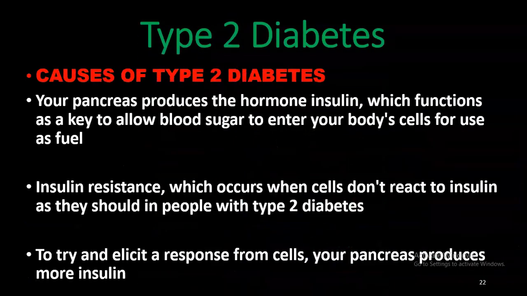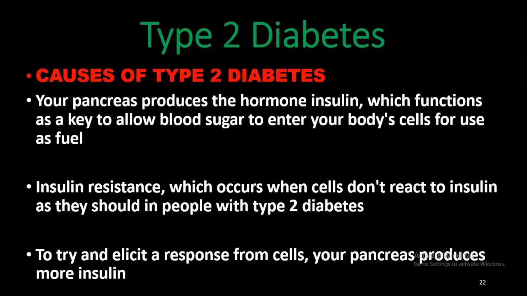So, causes of type 2 diabetes. Your pancreas produces the hormone insulin, which functions as a key to allow blood sugar to enter your body cells for use as fuel. Insulin resistance occurs when cells don't react to insulin as they should in people with type 2 diabetes. To try and elicit a response from cells, your pancreas produces more insulin.